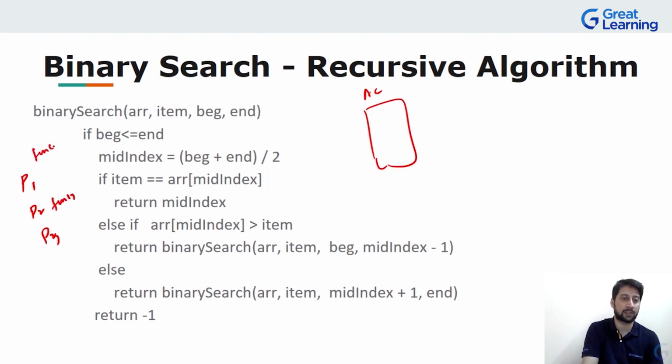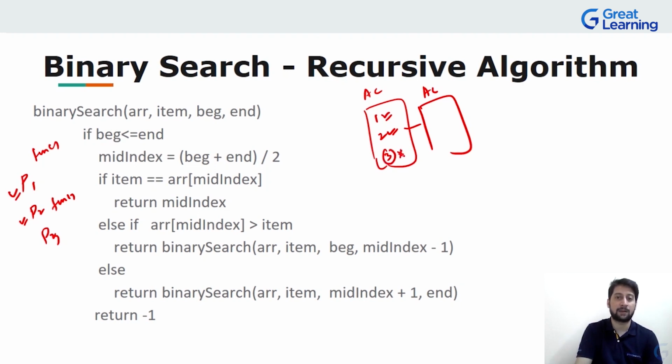So now what happens, an activation record is called. It will check, okay, is the first statement executed? Yes, so one will be executed. Is the second executed? Yes, so the second is executed. But at the second you are calling this function again. So at that time a new activation record is created. Now this third step is left behind, right?